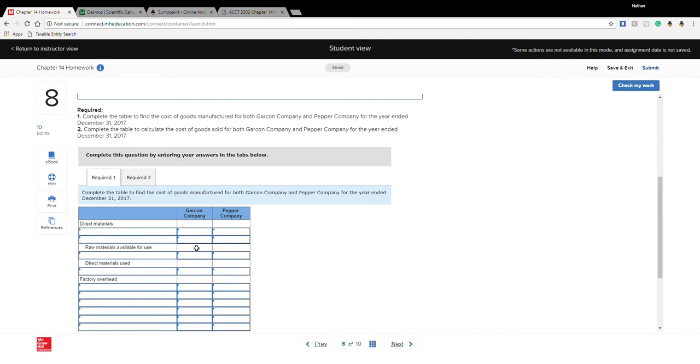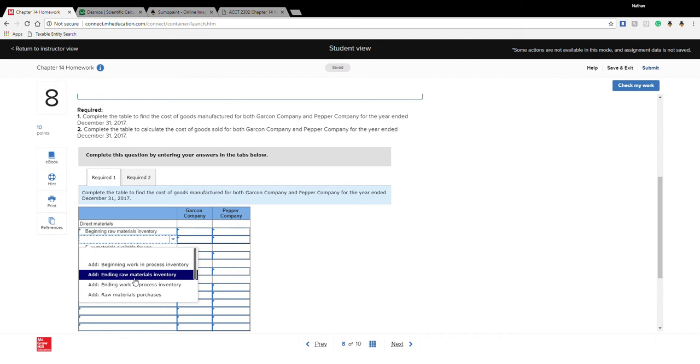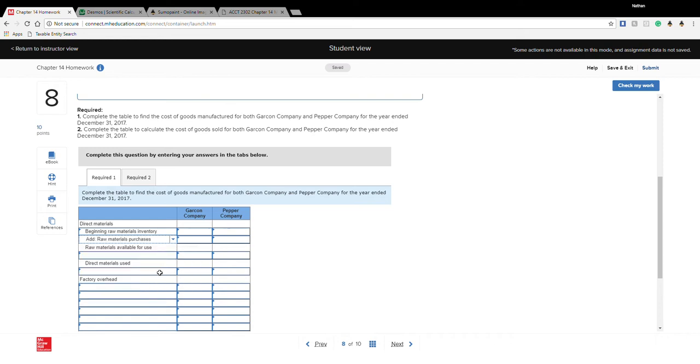So direct materials. One, we're always going to start with the beginning raw materials to get to the direct materials that have been used. So again, at beginning, and during the year, we actually add on raw materials we're purchasing. So we need to add the raw material purchase. So this gets us our raw materials available for use.